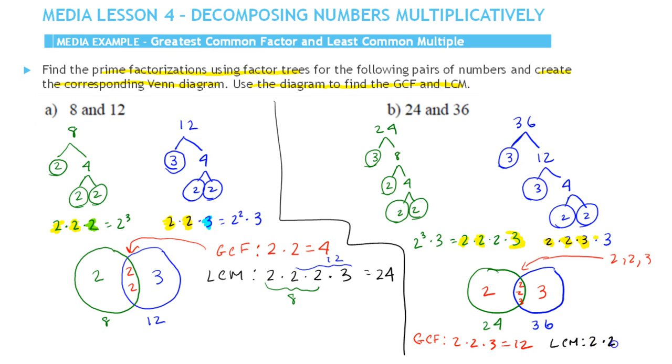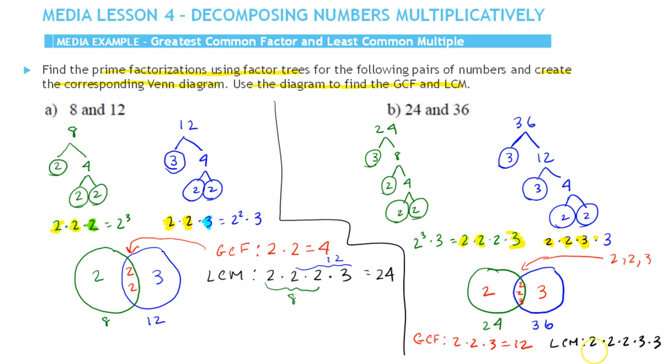So 2 times 2 times 2 times 2 factors of 3. So a 2 from 24, 2 factors of 2 from the intersection, 1 factor of 3 from the intersection, and 1 factor of 3 from 36. And if we multiply this out, 2 times 2 times 2, this is 8, and 3 times 3 is 9, 8 times 9 is 72.